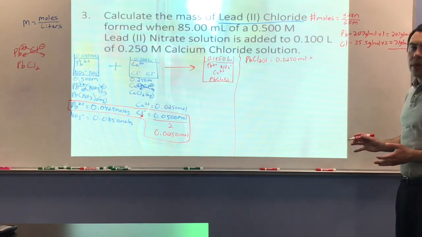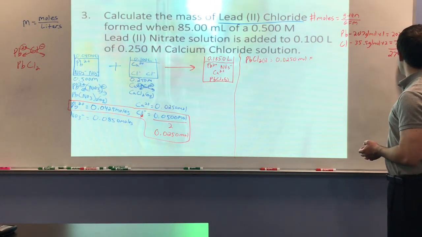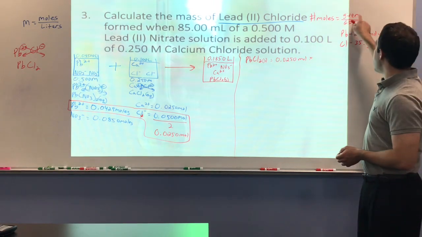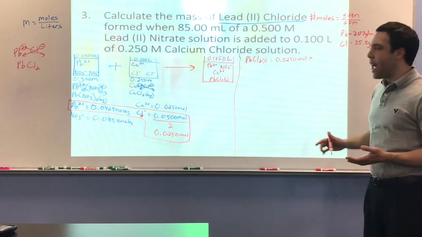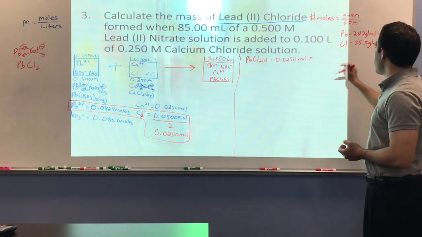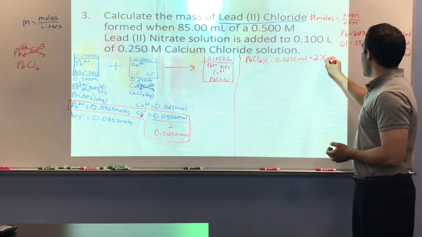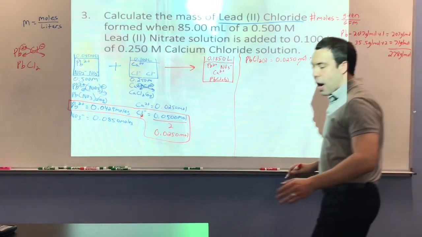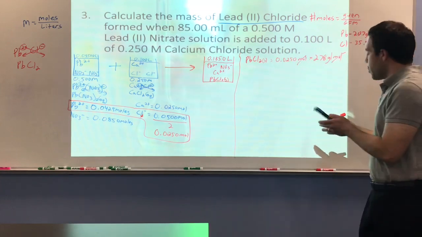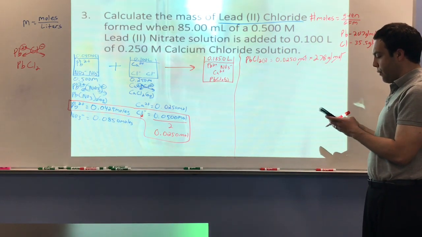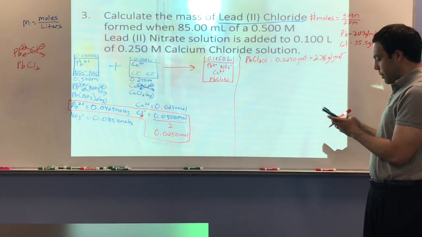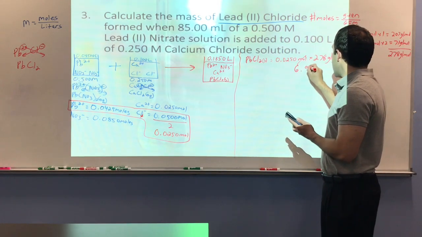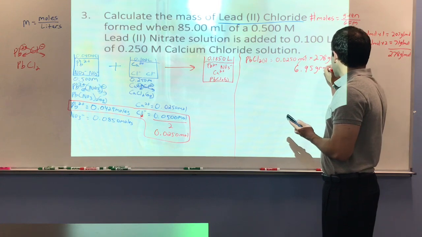We add those two together, we get 278 grams per mole. So to find the number of grams, the given mass, we multiply the number of moles by the GFM, which is 278 grams per mole. Moles and moles cancel out. So we multiply 0.0250 times 278. We get 6.95 grams of lead 2 chloride.